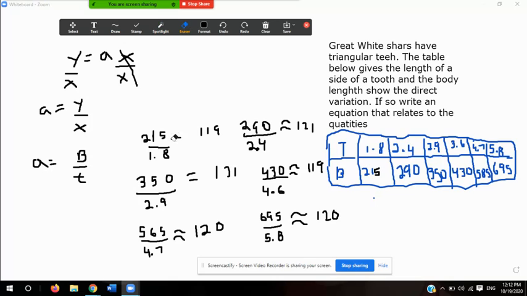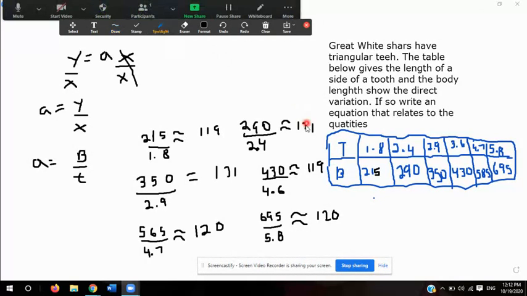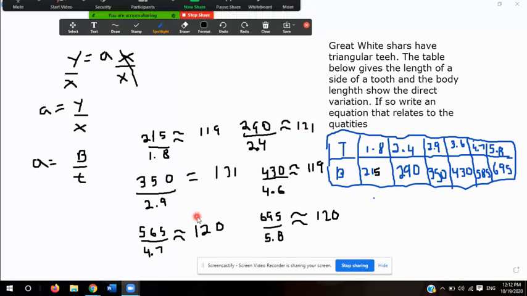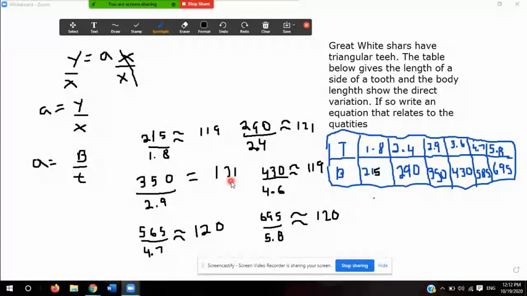So that's why if you look at 215 and 1.8, you have the approximate sign as well. Likewise, if you look at 290 divided by 2.4, you also have approximately 121. If you look at 350 divided by 2.9, it equals 121. So that means that there was no rounding there.